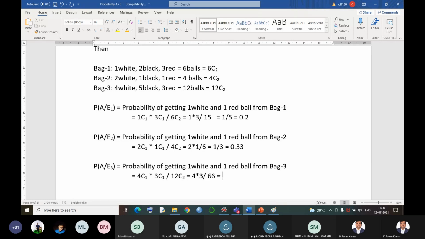So the answer we get is 12 by 66, right? 12 by 66 means 6 twos, 6 elevens, so 2 by 11 is the answer. The value of this is 0.1818.